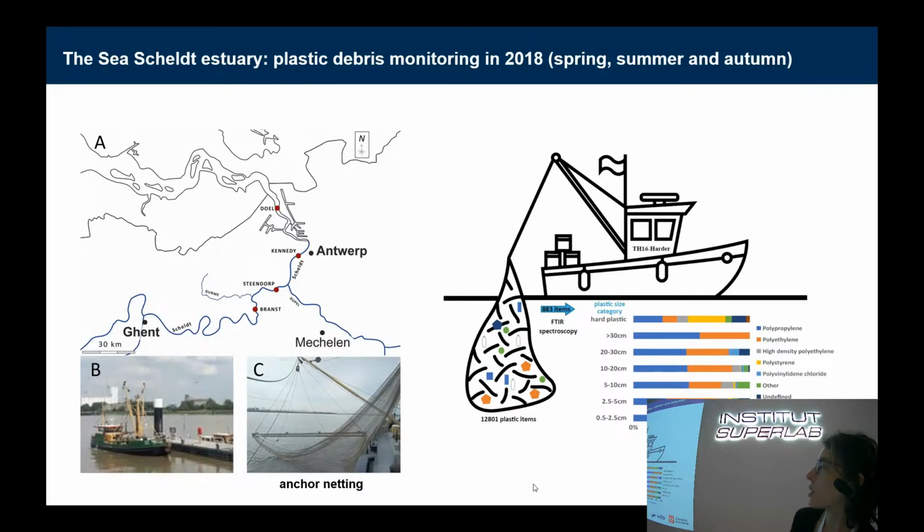Of course, as we all expect, polypropylene was one of the most common plastic materials in the debris, as well as polyethylene. I expected a bit more polystyrene, but in the hard plastics, polystyrene is still the one which is most abundant.